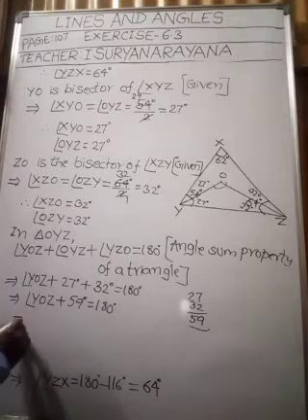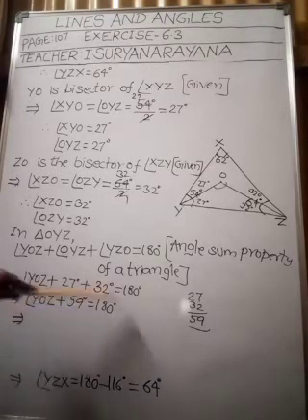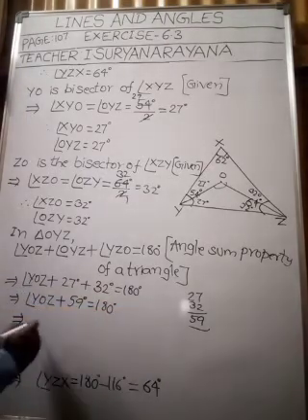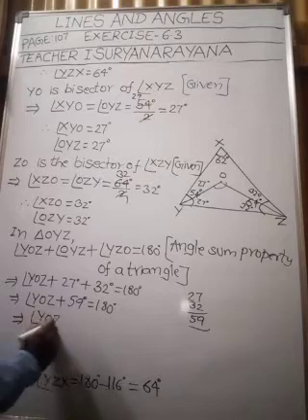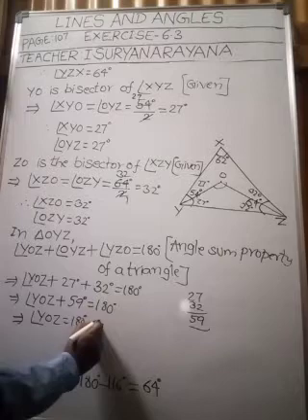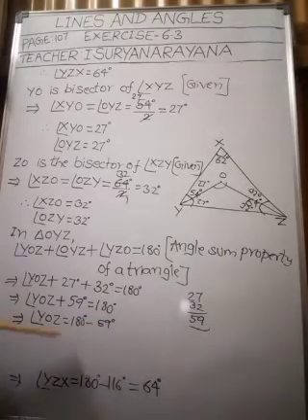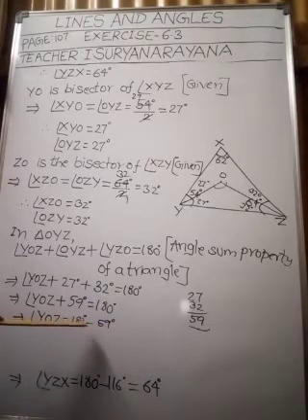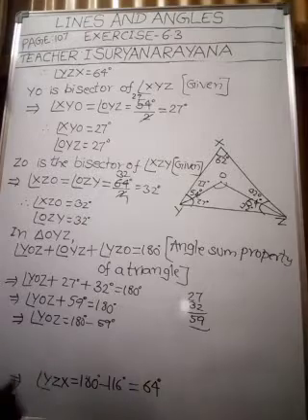Understood this step, my children? Right. Now we transpose 59 degrees to the RHS. Angle YOZ is equal to 180 degrees minus 59 degrees. Understood this step, my children? Right.